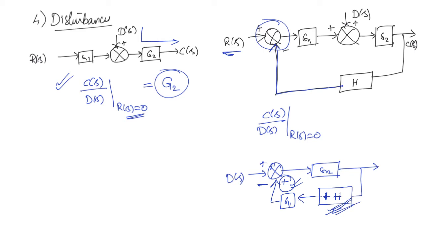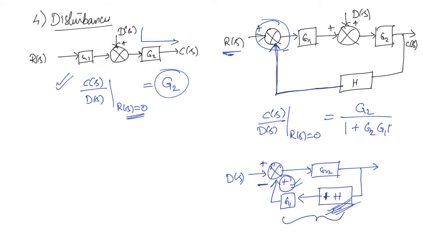So what will be the transfer function here? This will be equal to the forward path transfer function, which is G2 in this case, divided by 1 plus, because there is a negative feedback, G2 into forward path transfer function into the feedback path transfer function, in this case G1 into H, because they are in cascade.